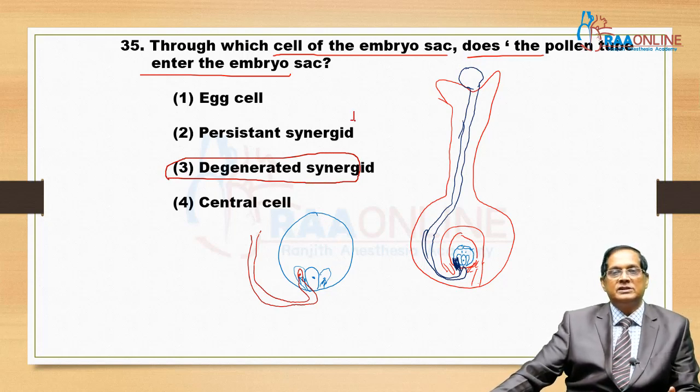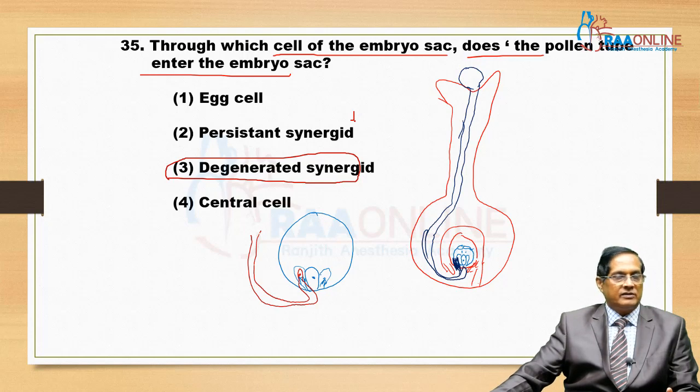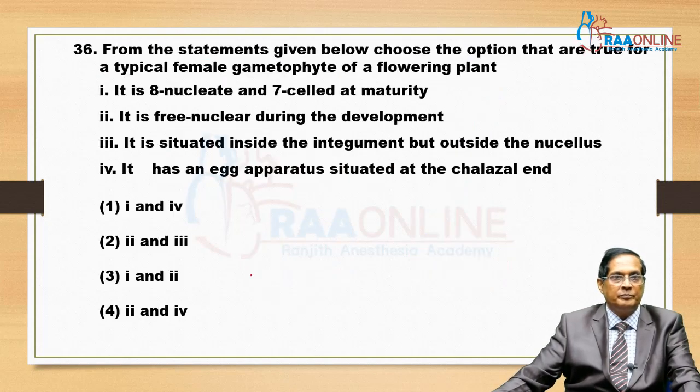Persistent synergid means one that survives even after the entry of the pollen tube, but it is degenerated because the pollen tube enters through one of the synergids. The statement given below regarding the female gametophyte: it is 8-nucleated, 7-celled, right.